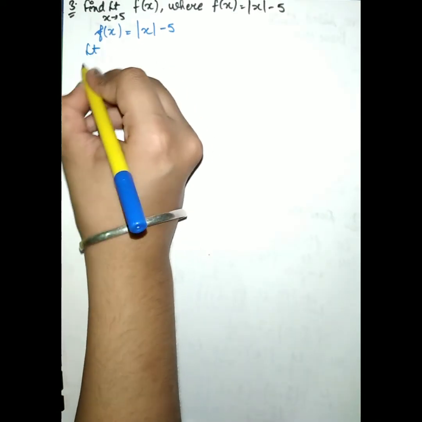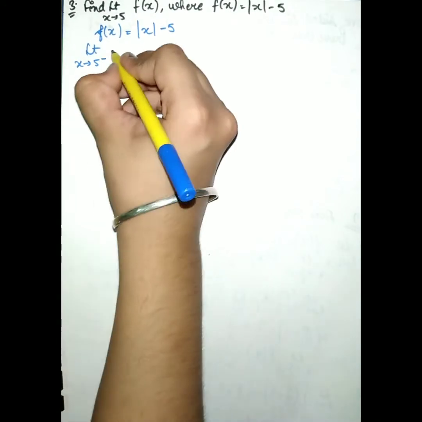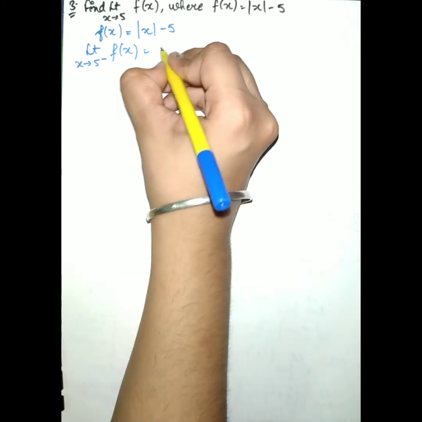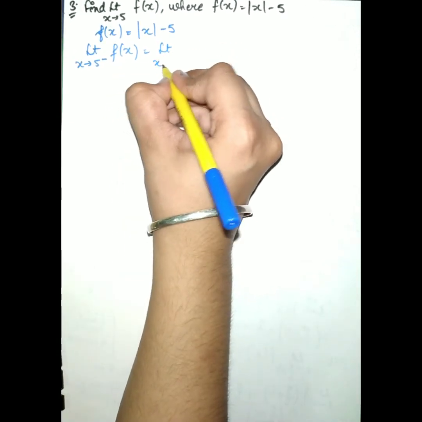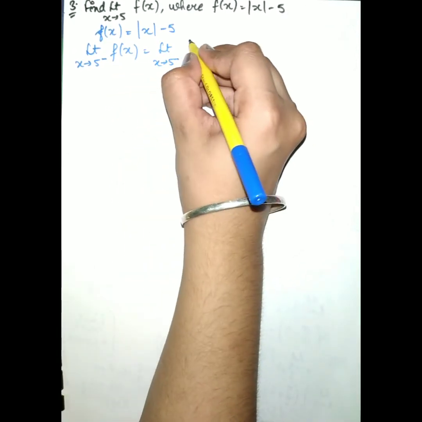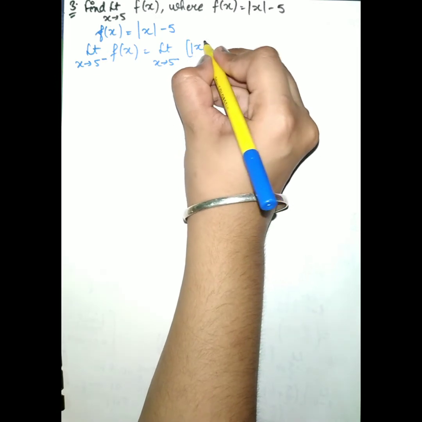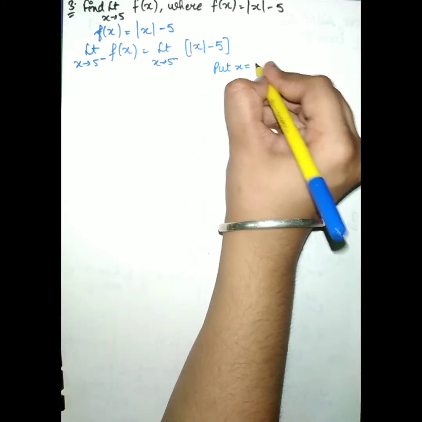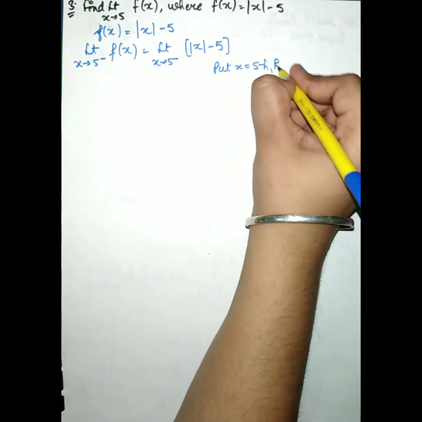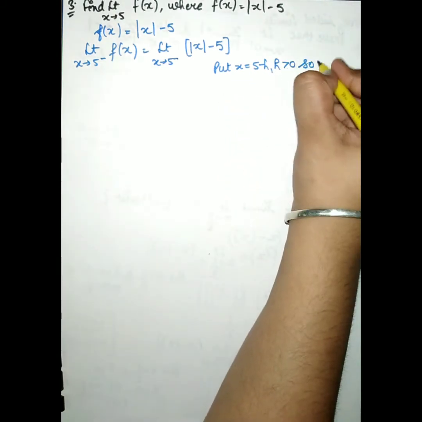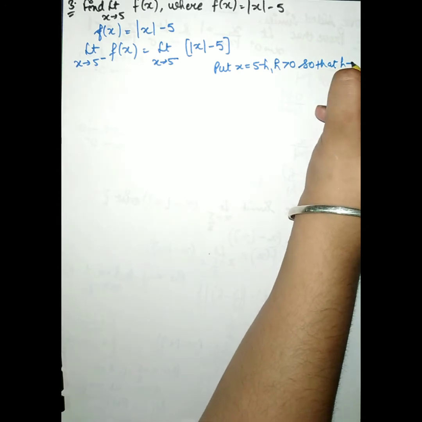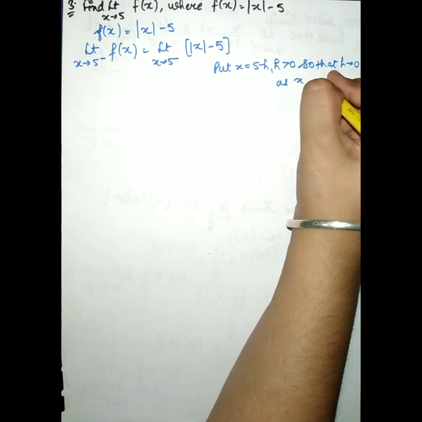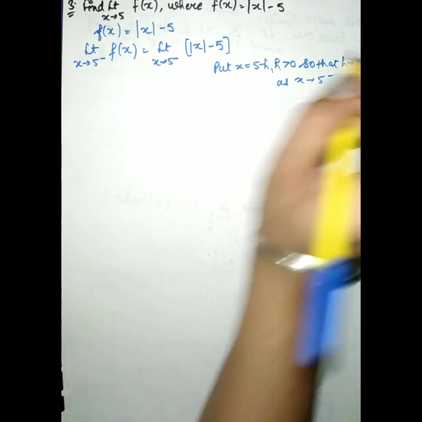Now limit x approaches 5 negative of f of x will be equal to limit x approaches 5 negative of mod of x minus 5. Put x equals 5 minus h, where h is greater than 0, so that h approaches 0 as x approaches 5 minus.